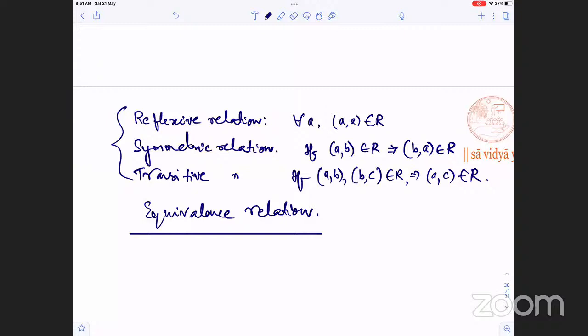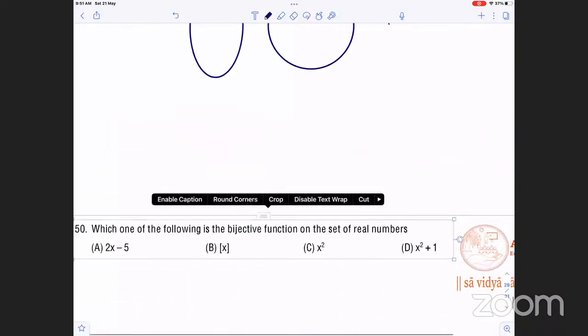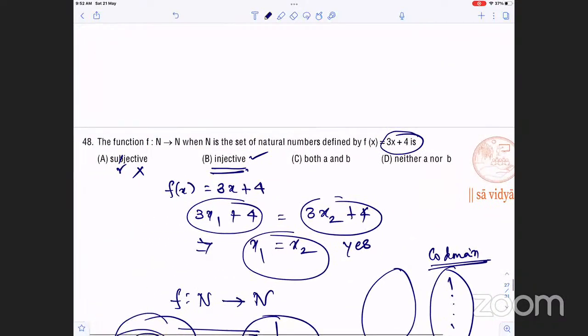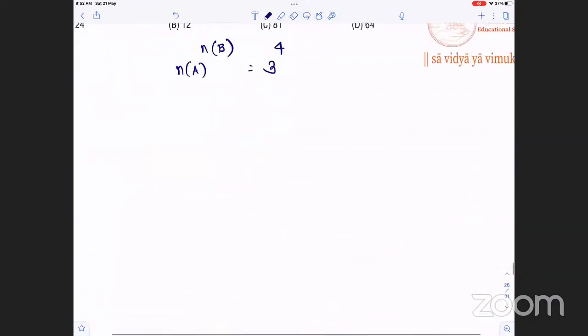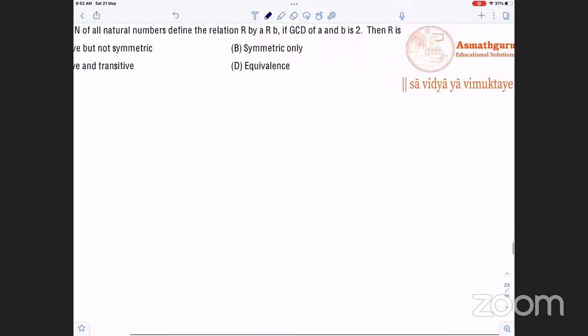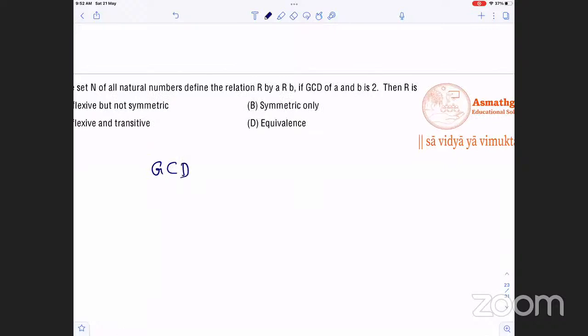Mr. Ashok has a question: what is GCD in question number 35? GCD means the greatest common divisor.